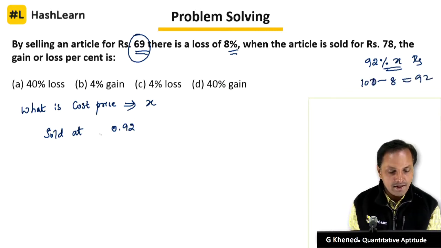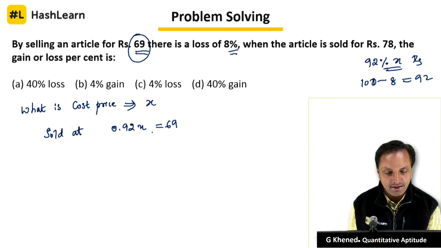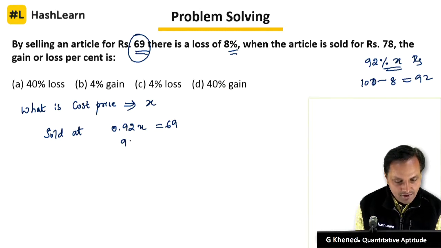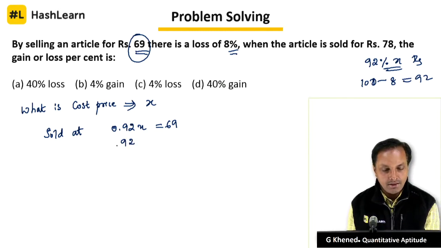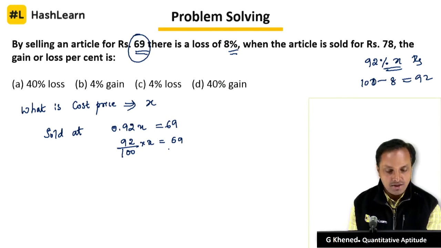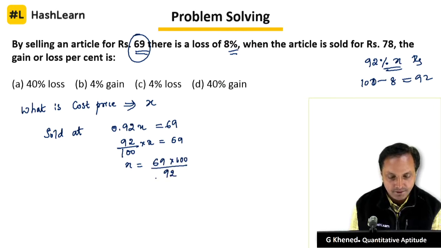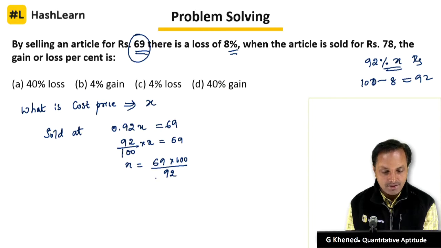So sold at 92 into X should be equal to 69. You can do the simplification: 92 divided by 100 into X is equal to 69. Then X will be 69 into 100 divided by 92. You can do the calculations.